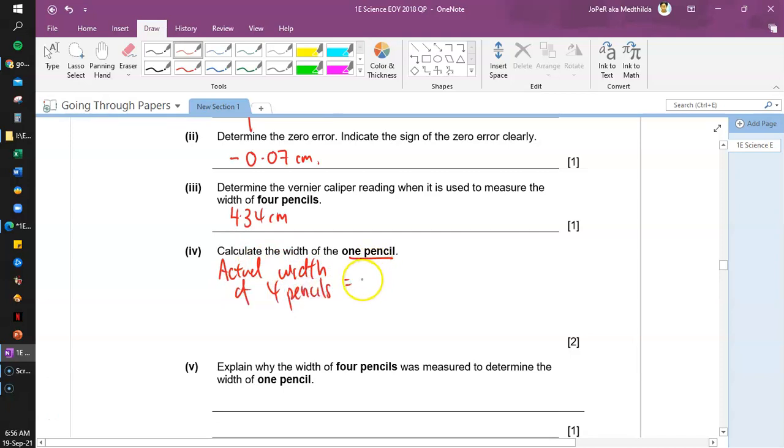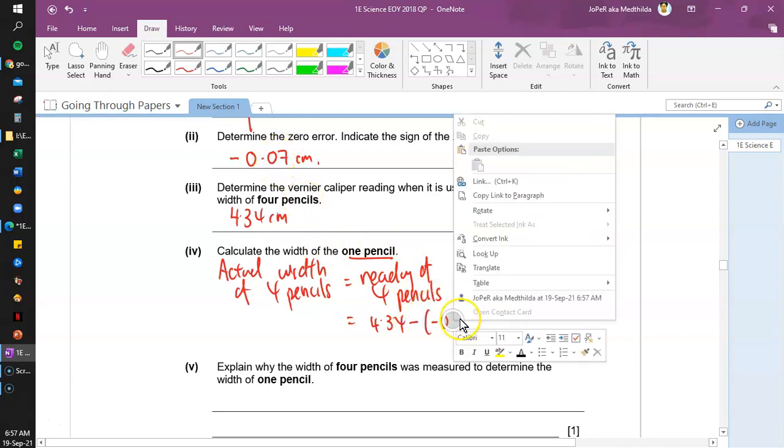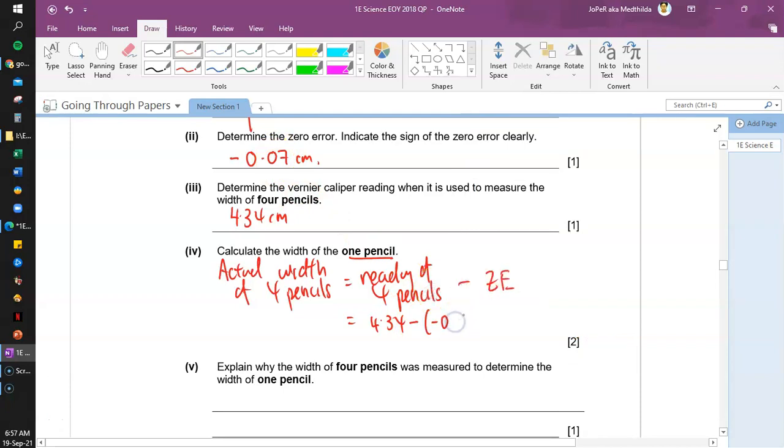I must take the reading of 4 pencils minus the zero error. The reading is 4.34, the zero error is negative 0.07, so I'm minusing negative 0.07. What I'm going to get is 4.41 centimeters.